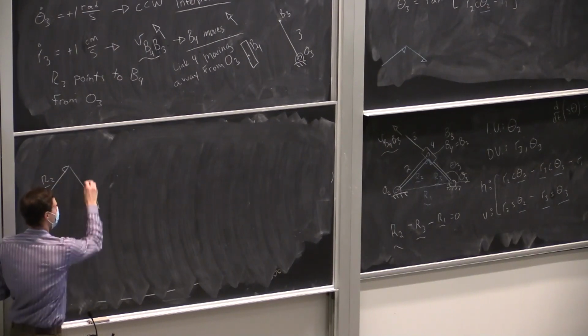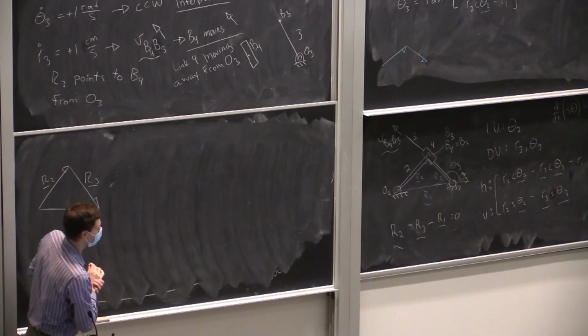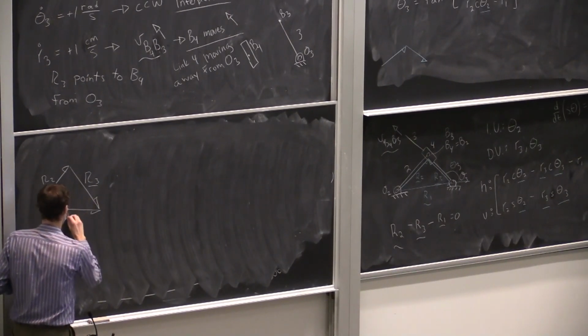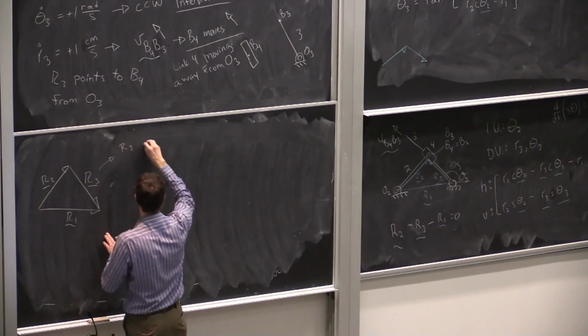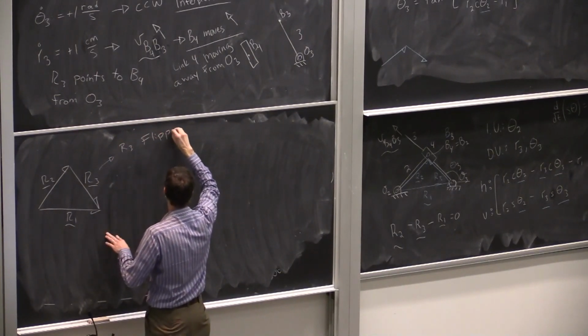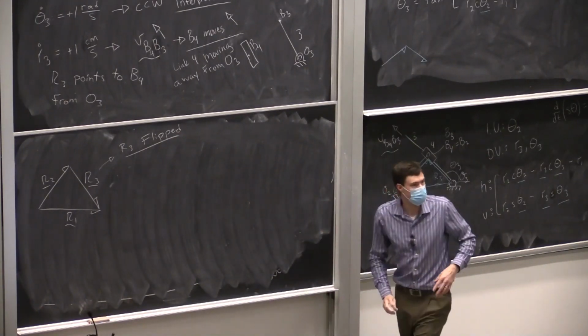And this one has R3 pointing down. And R1, we can keep that the same. Okay, so R3 is flipped. So all of our equations would need to change, right?